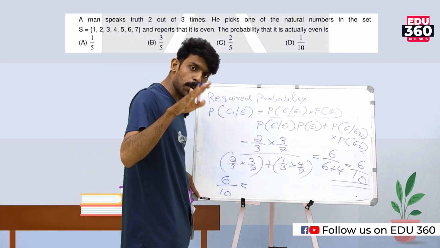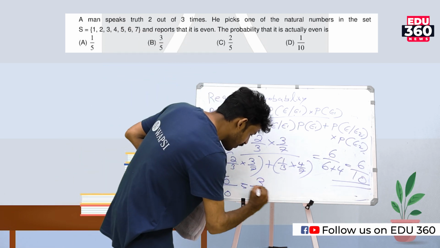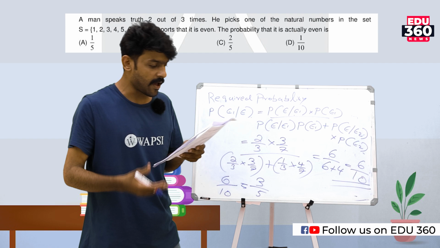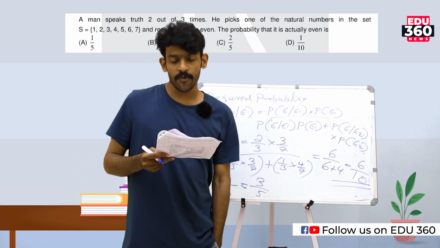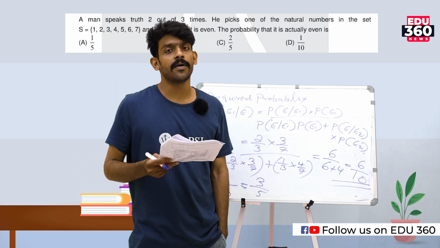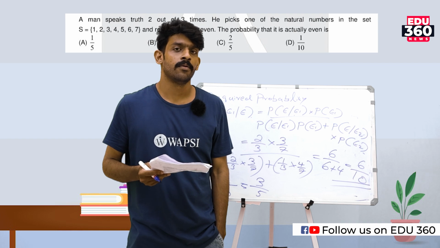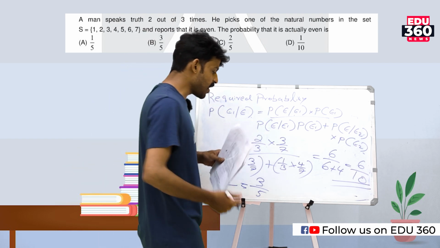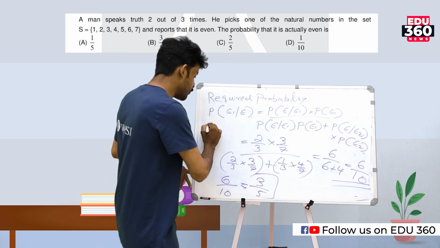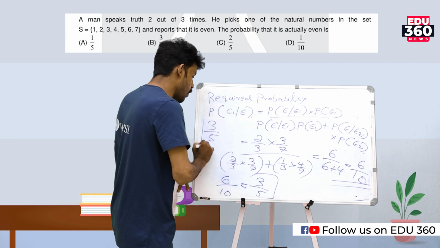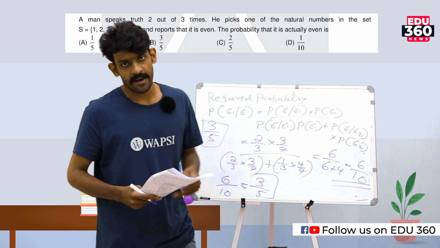Dividing the numerator and denominator by 2, we can write it as 3 by 5. So for the fifth question, option B is the correct answer. The final answer is 3 by 5.